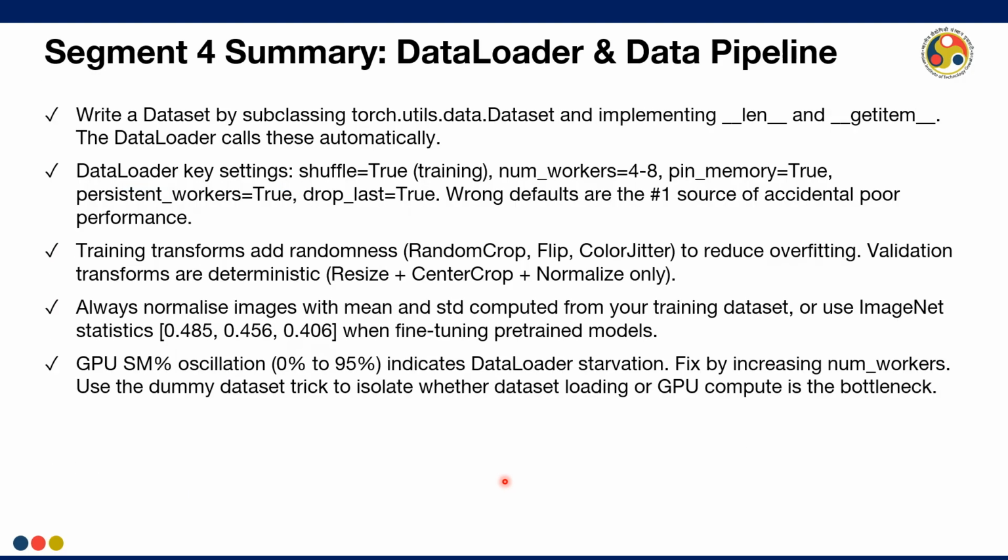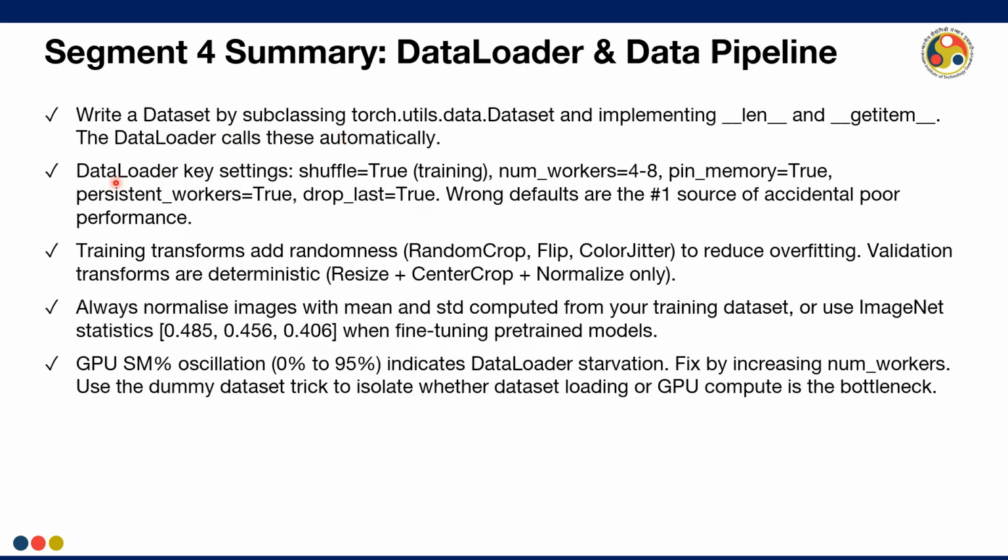Okay. So in summary, we have the dataset and data loader. For the dataset, we can write one by subclassing and implementing len and get item, and the data loader will call them automatically when we do the data loading.